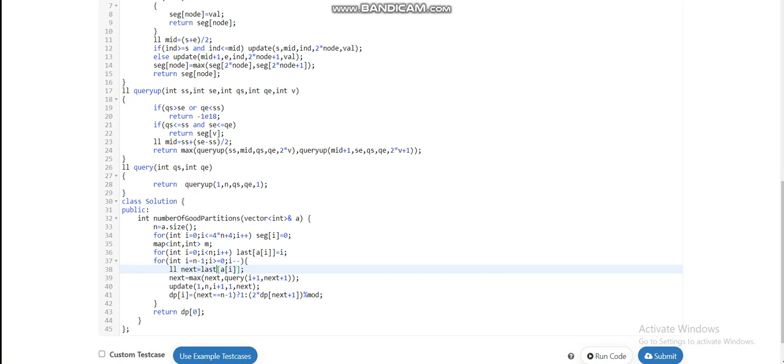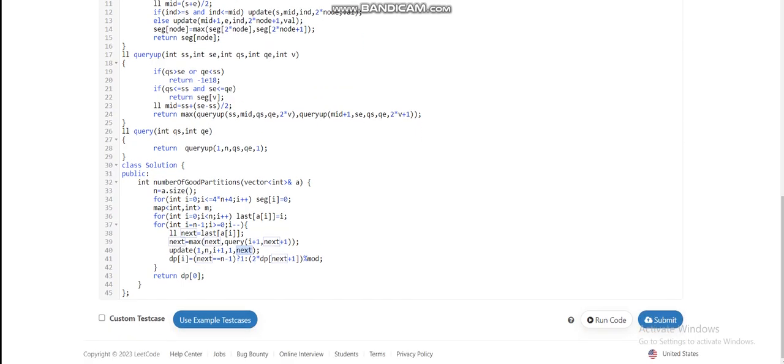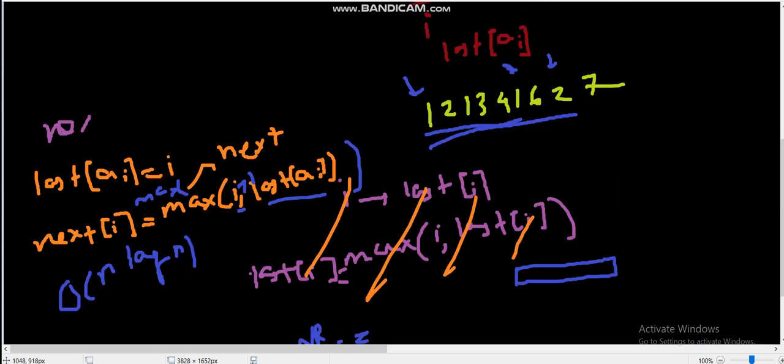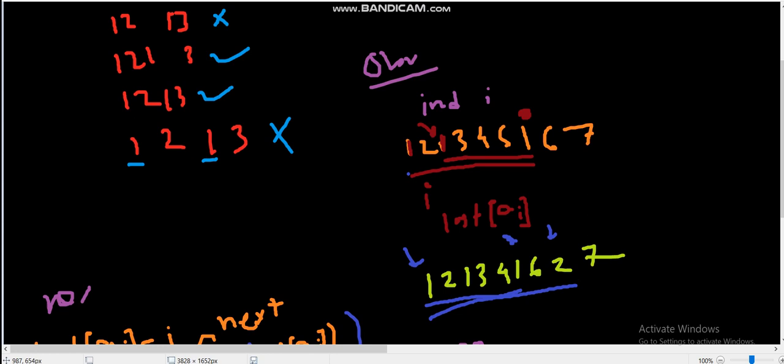Now we are updating the value of the current index to next, and our dp of I will be, now this part is interesting. Dp of I means the number of partitions. Dp of I is the number of partitions starting from I. Now let's say we have found this partition, right? Let's say this is the partition, starting at index 1.